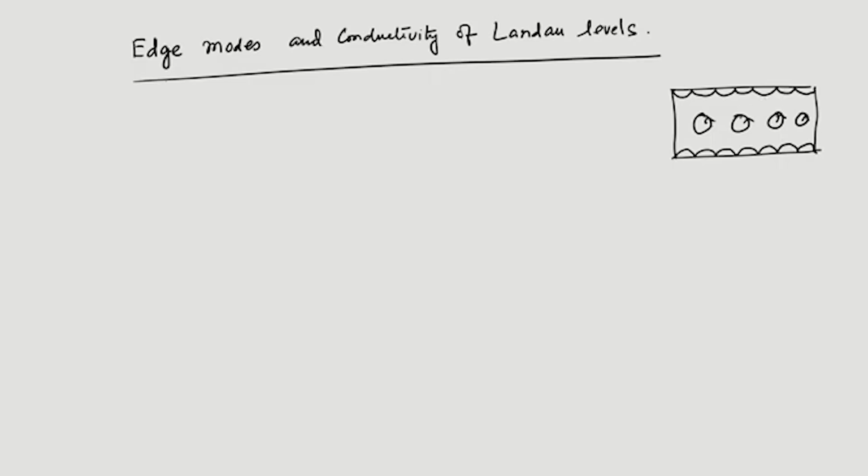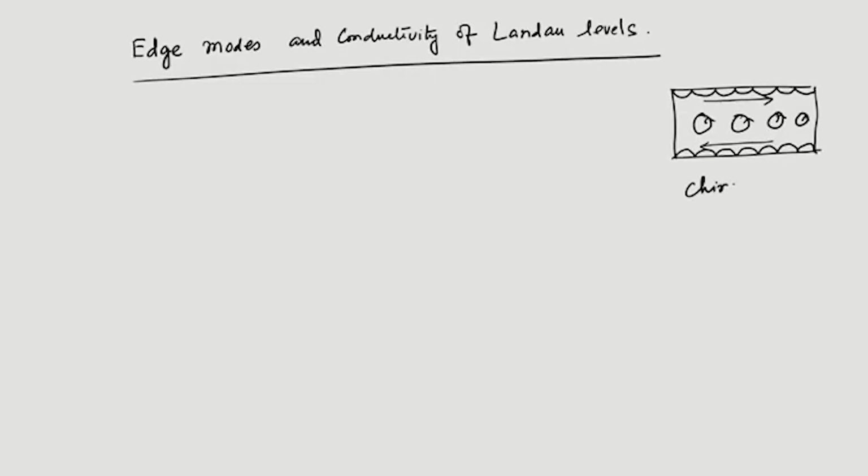It's very important to understand, which we have not discussed and we are going to discuss now, that if the electrons actually move in this particular direction on the upper edge of the sample, they will move in the opposite direction in the bottom edge of the sample. It could be reverse, that is, at the upper edge it moves from right to left, and at the bottom it could be from left to right.